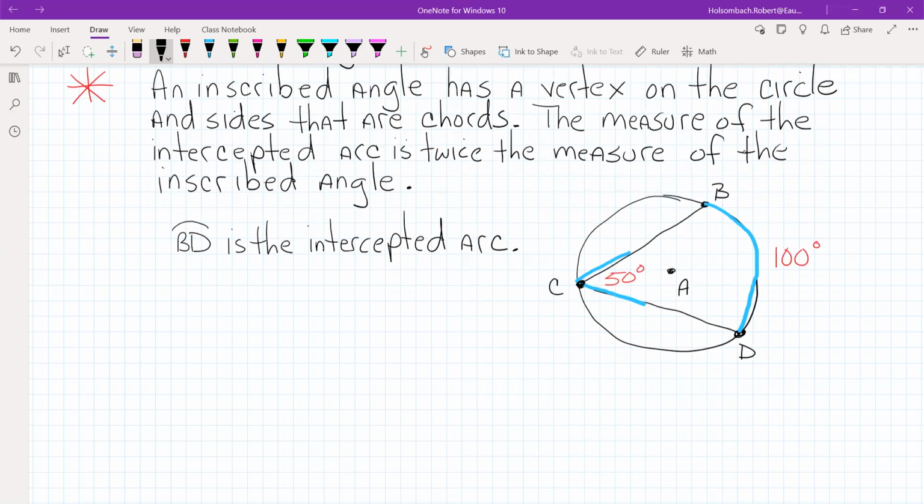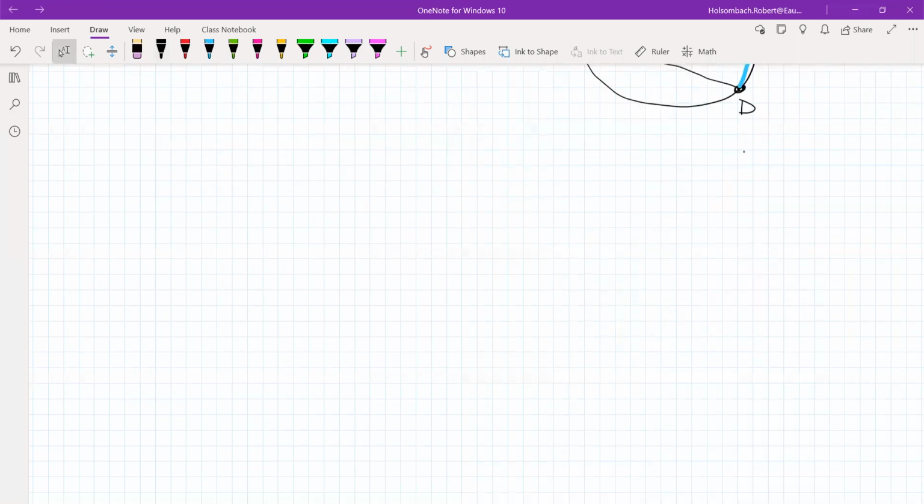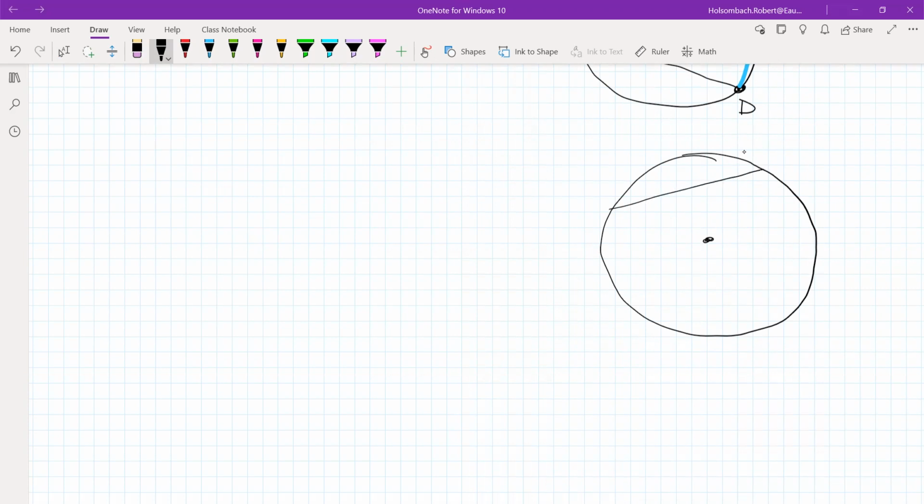So turn the page and let's take a look at example 1. And in example 1, we have a chord MN, I'm sorry, MP.